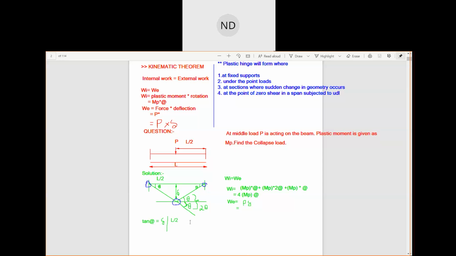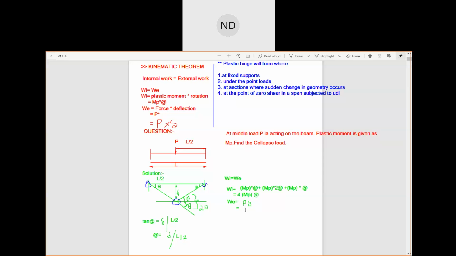So tan theta is delta by L by 2. Where theta is very small, so obviously tan theta will become theta. So theta is equal to delta by L by 2. Okay, delta by L by 2.